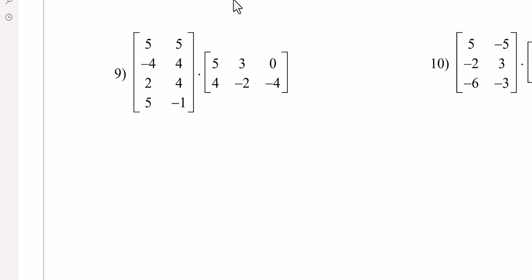Let's see. This is a 4 by 2 columns. This is a 2 row by 3 columns. So notice we're going to have a 4 by 3. So 4 rows by 3 columns.